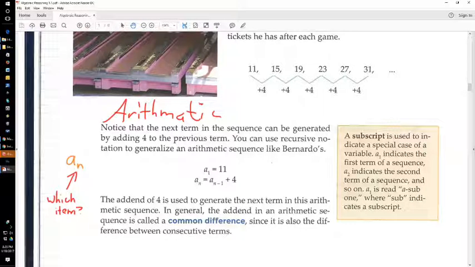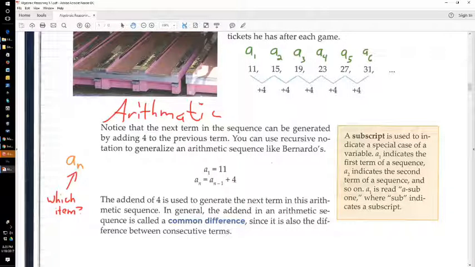So the 11 up here is item number 1, so it would be a sub 1. We say sub 1 because it's a subscript down below. The second one would be a sub 2, a sub 3, 23 would be a sub 4, a sub 5 would be 27, and a sub 6 would be 31.